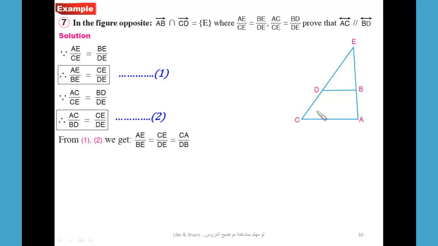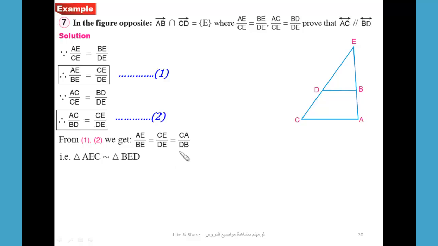So the three sides in the two triangles are in proportion. Then according to the theorem, we can say that triangle AEC is similar to triangle BED.